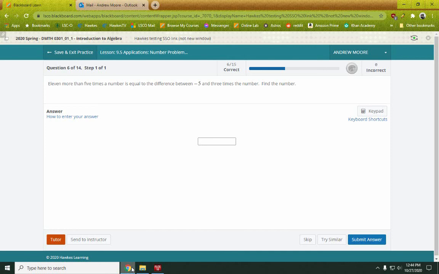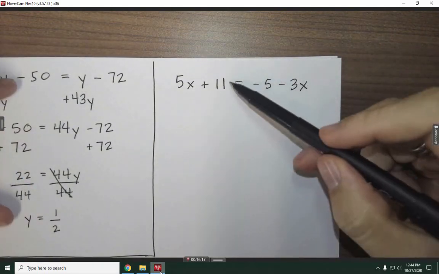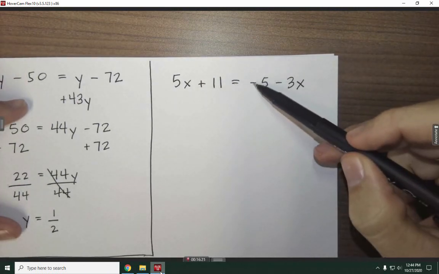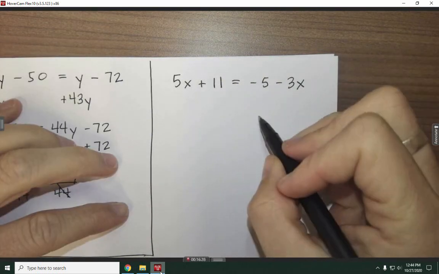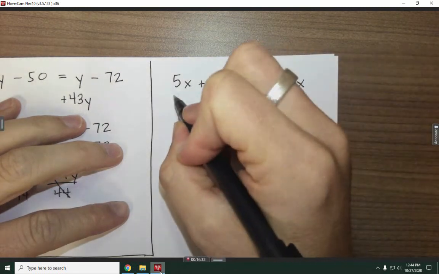11 more than 5 times a number is equal to the difference between negative 5 and 3 times the number. Fine. We have 11 more than 5 times the number, and that is equal to the difference between negative 5 and 3 times the number. So first thing I'm going to do is add my 3x to this side.